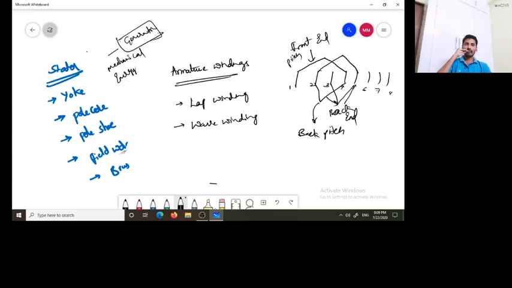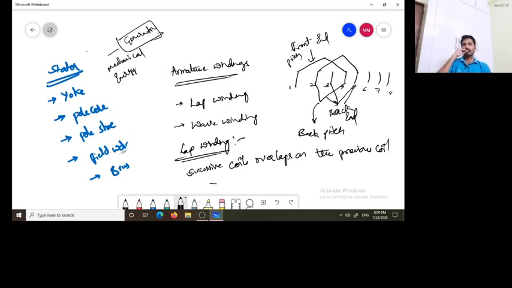Here there is an overlapping of coil. That means we can define the lap winding as: successive coils overlap on the previous coil.